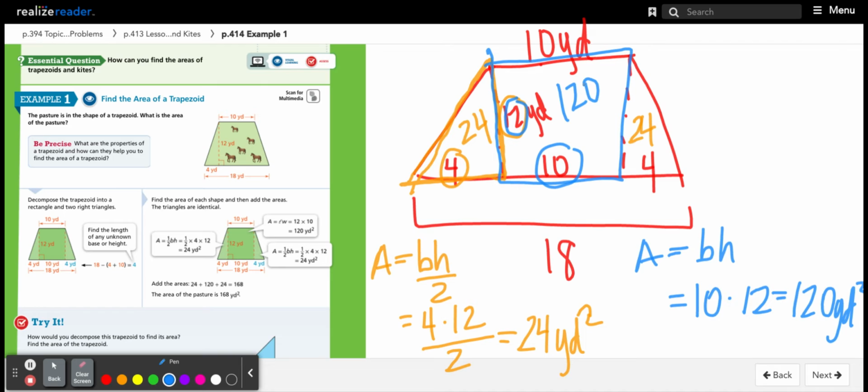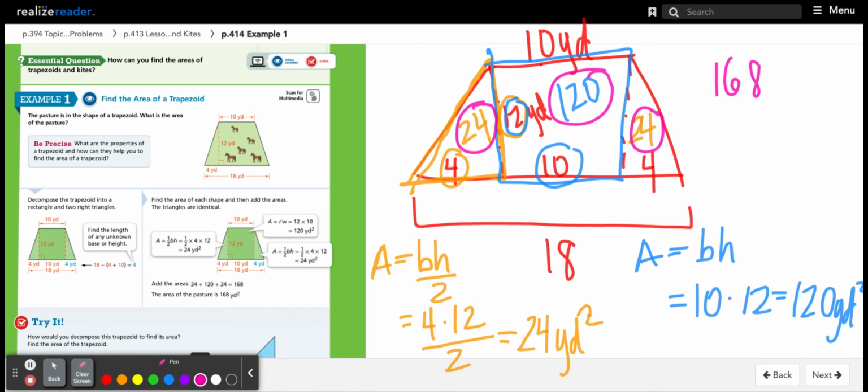So now I have to add up my 24, my 120, and my 24 to get the area of this whole trapezoid. So I can put it in my calculator. 120 plus 24 plus 24 is 168.